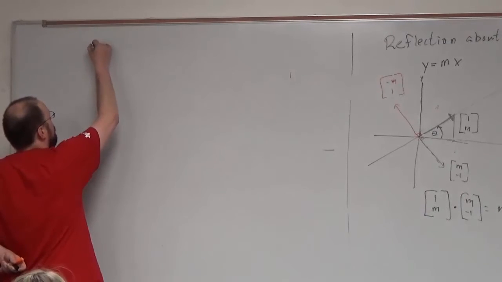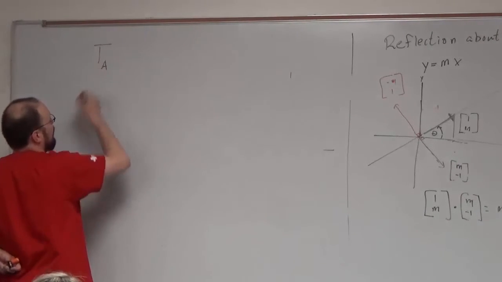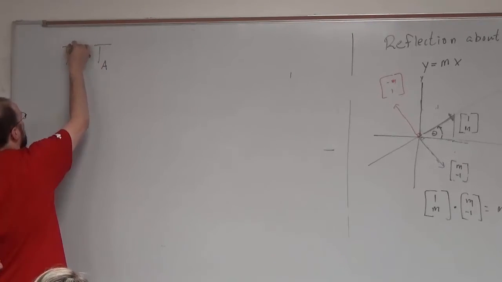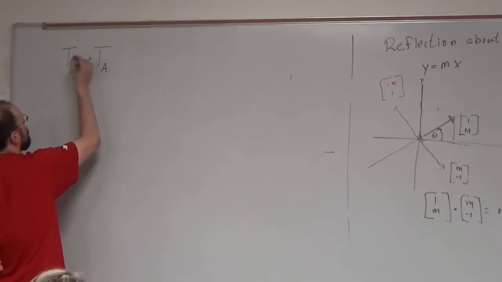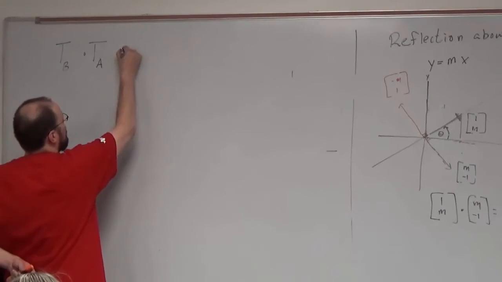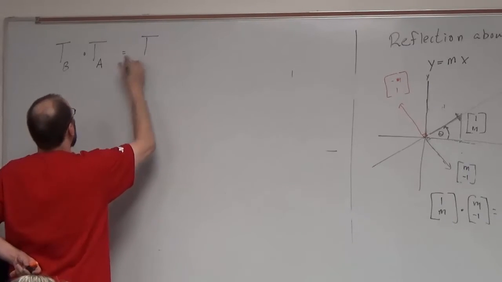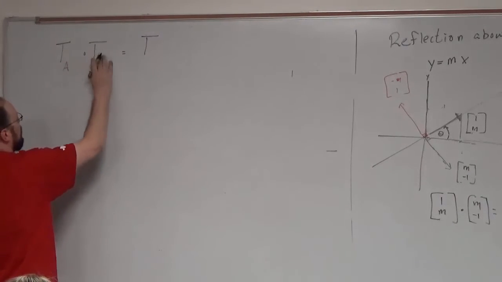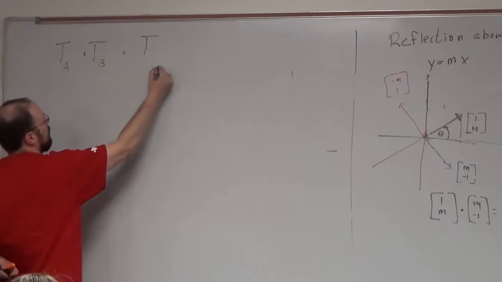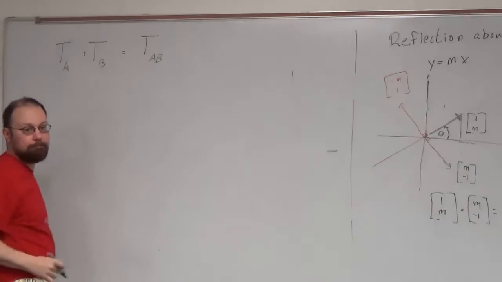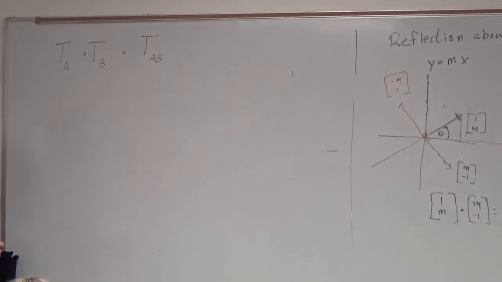You have a transformation with the corresponding elementary matrix A, and you compose that with B. That's the transformation corresponding to the matrix A times B. So composing transformations is the same thing as multiplying their standard matrices.